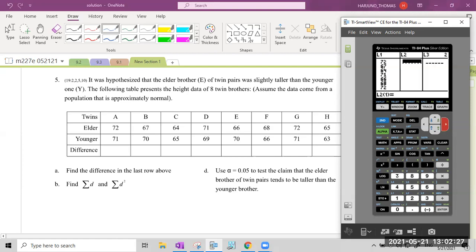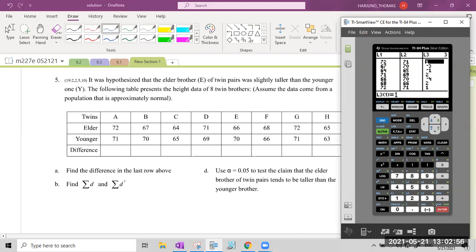And the second row: 71, 70, 65, 69, 70, 66, 71, 63. L3, go to heading, L1 minus L2.